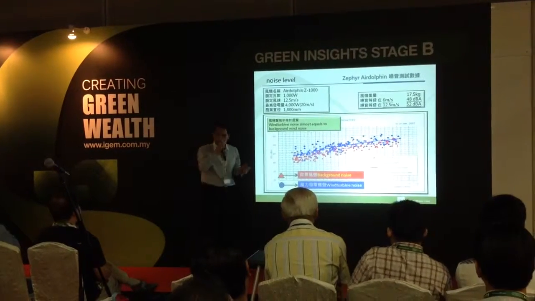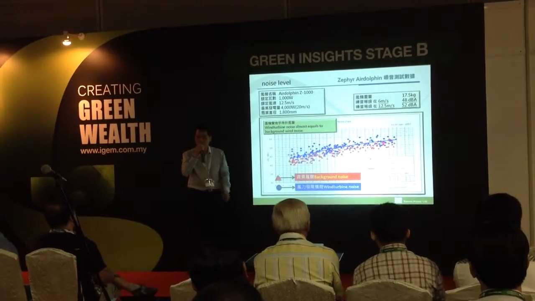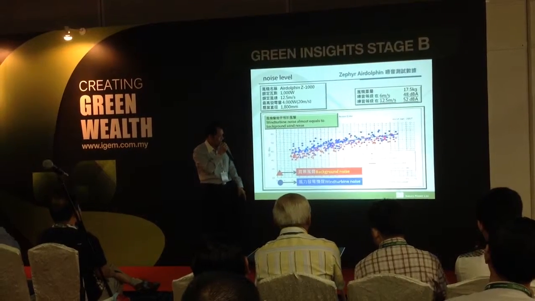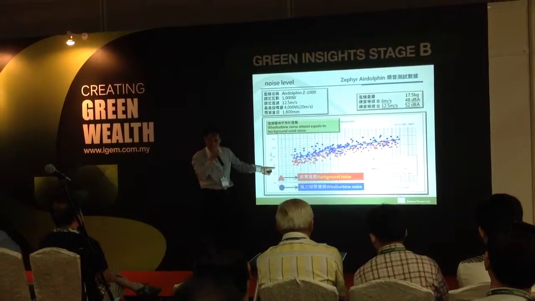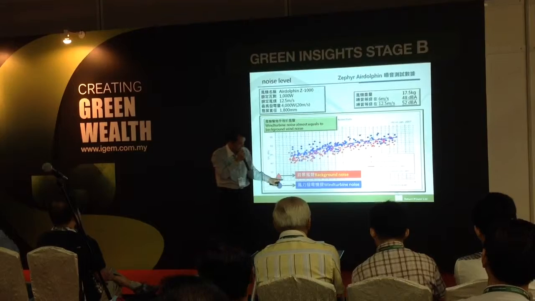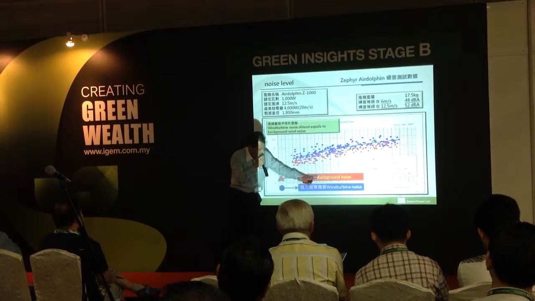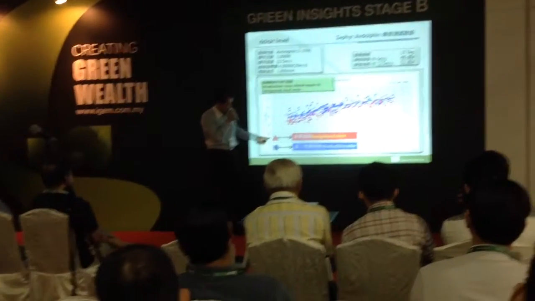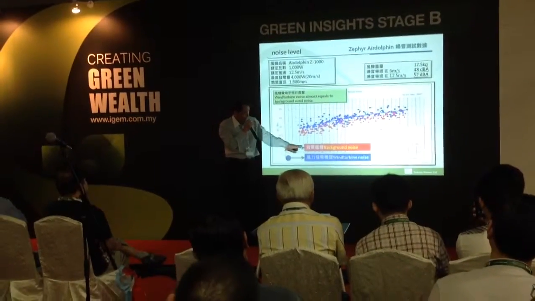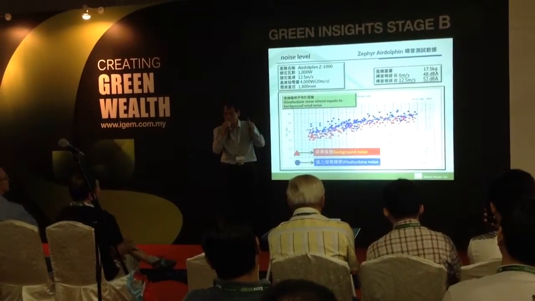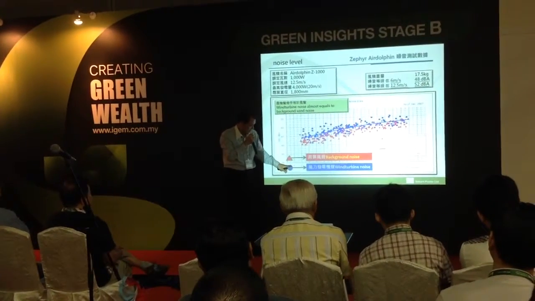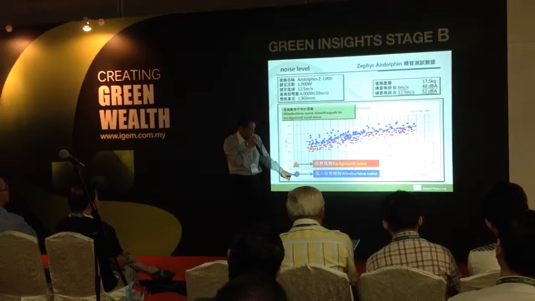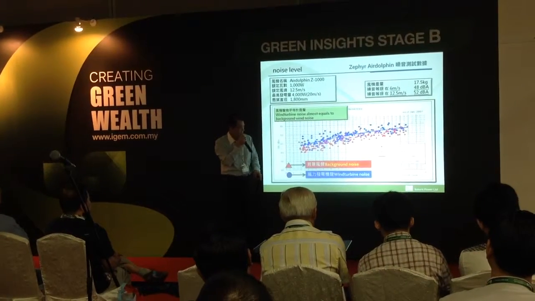When we made it a real product and put it in a real wind field to test, the vertical axis is the decibel, the noise level, and the horizontal axis is the wind speed. As you can see, the red triangle is the background noise from the wind. The blue point is our wind turbine noise.